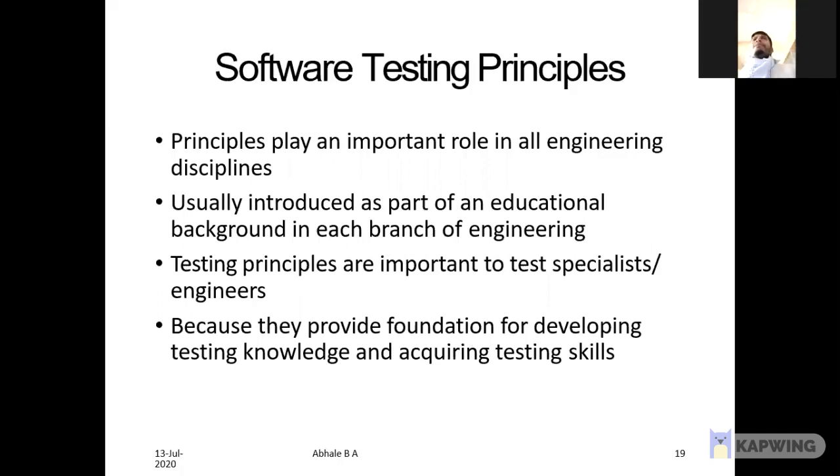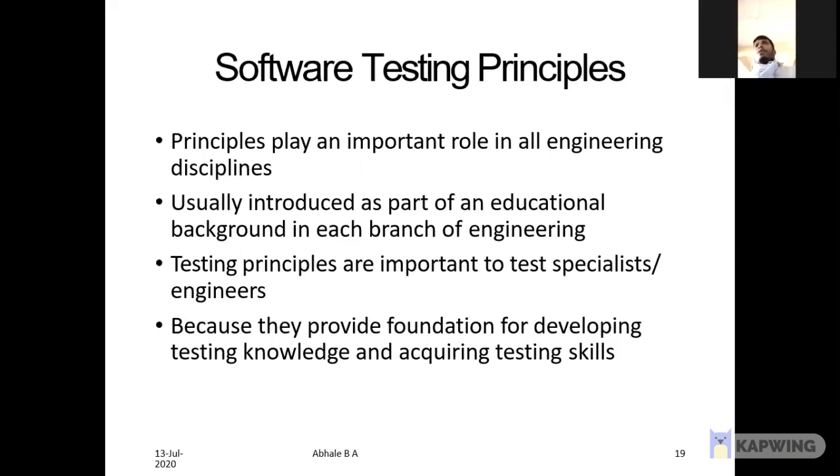Now, which points have we covered here: why testing is required in engineering and the basic definition of software testing. Now the next point is your software testing principles. There are more than 10 principles in software testing which have to be followed by the tester at the time of testing.